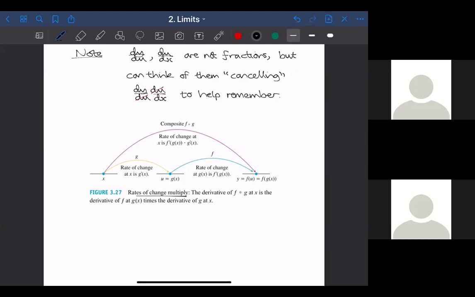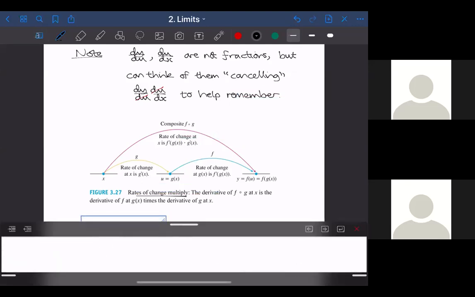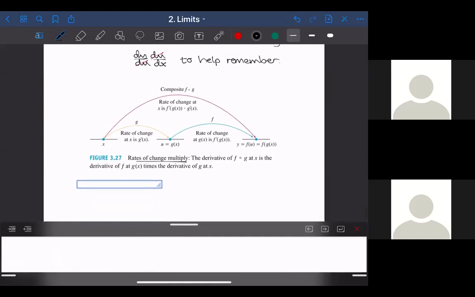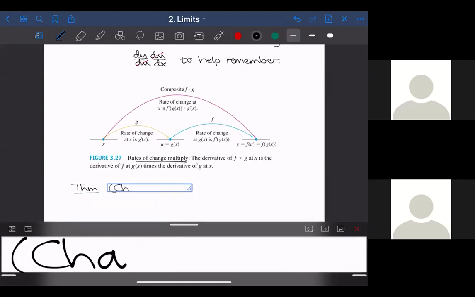Okay, that's what this picture shows. So it takes a bit of practice to remember this. But let me write down the theorem. Chain rule.